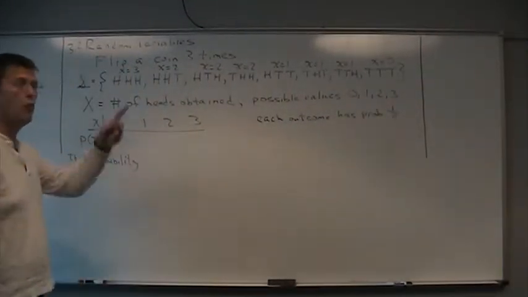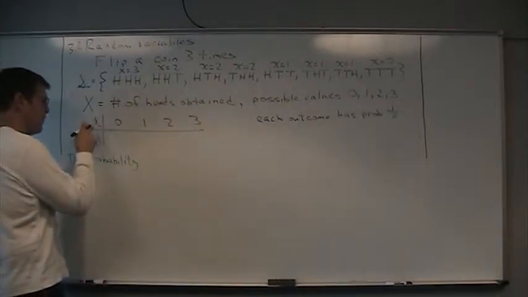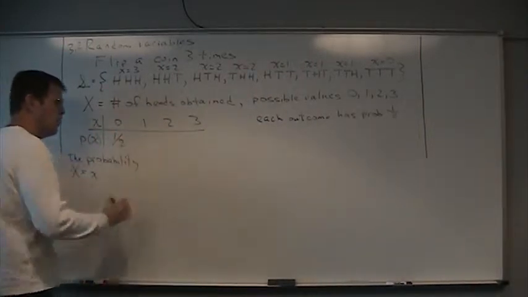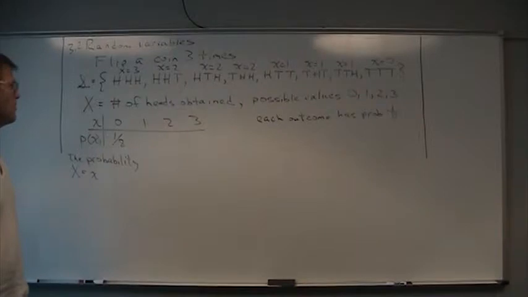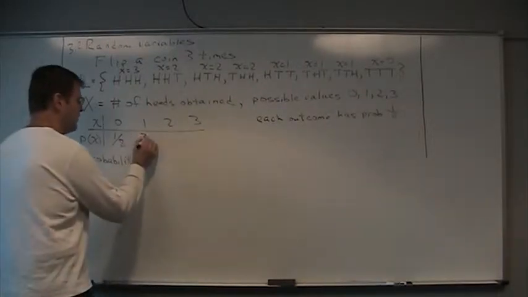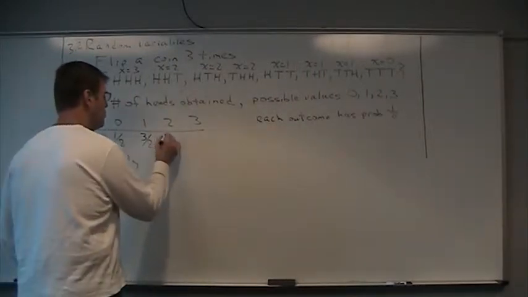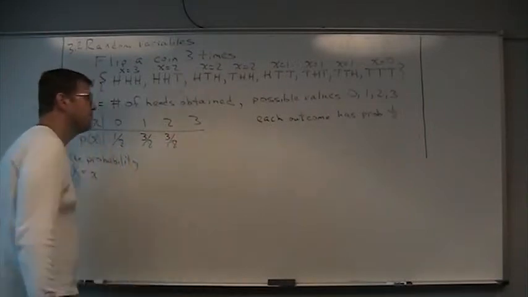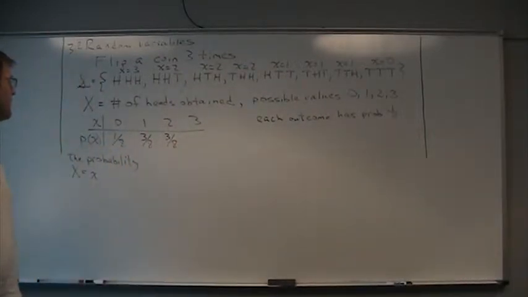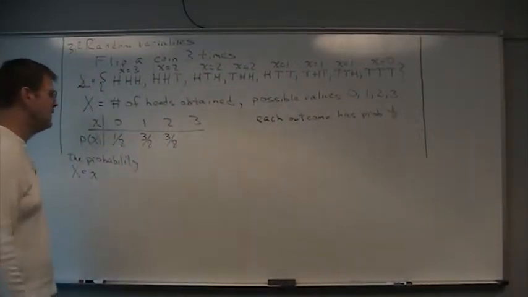So since we only have one way to get x equals 0, the probability that x is 0 is 1/8. The probability that x equals 1, there are 3 ways that this can happen, so that's 3/8. The next one, there are 3 ways that x can be equal to 2, so that's 3/8. And in the last case, we have x equals 3.